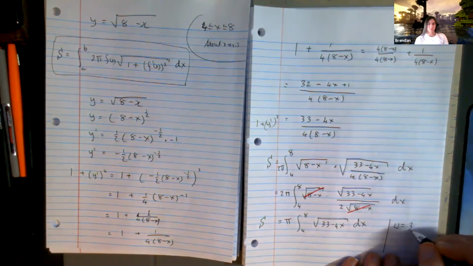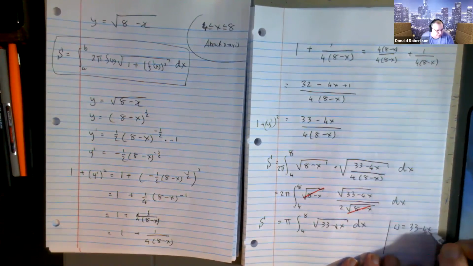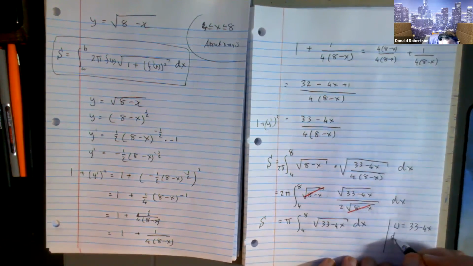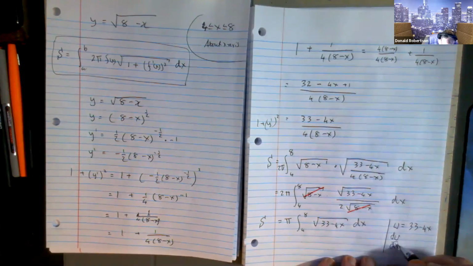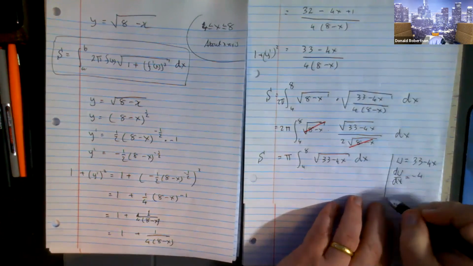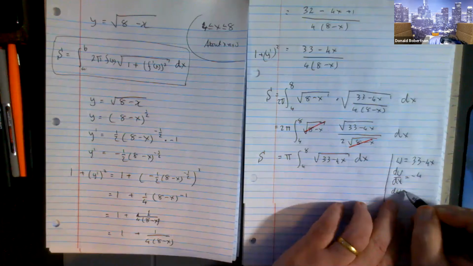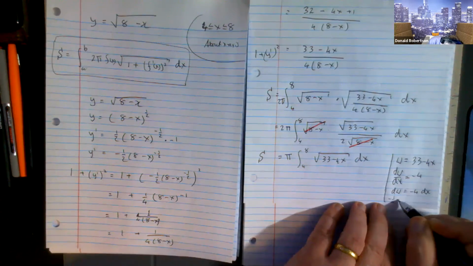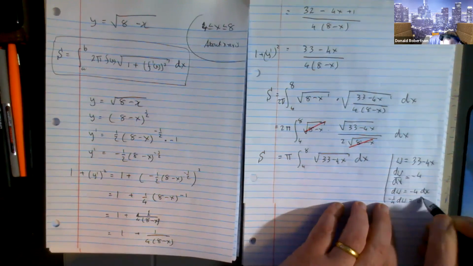Yeah. In a way, I think that's a silly question, isn't it? Because what else could it be? There's nothing really going on. Right, so if you differentiate with respect to x, you get -4. If you do the crossover, you get -4 dx. And if you isolate it, you get -1/4 du equals dx.